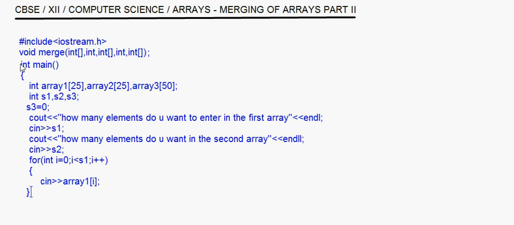And now another for loop, the second for loop here: for int j is equal to 0, j less than s2, because that is the size of the second array, j plus plus, and here you write cin array2[j]. So here we have taken the input of the two arrays.